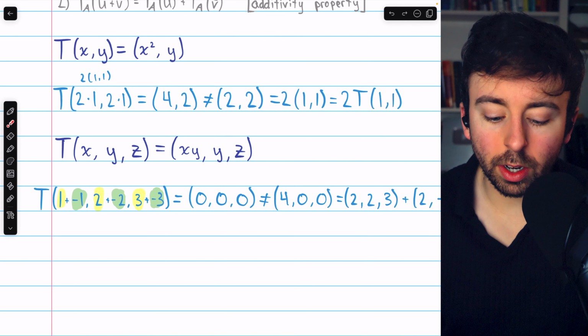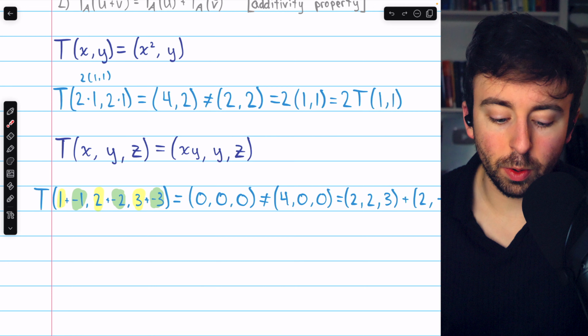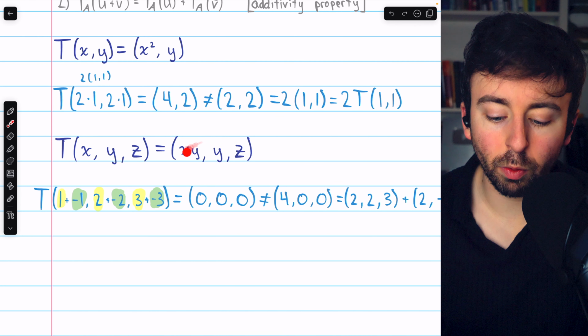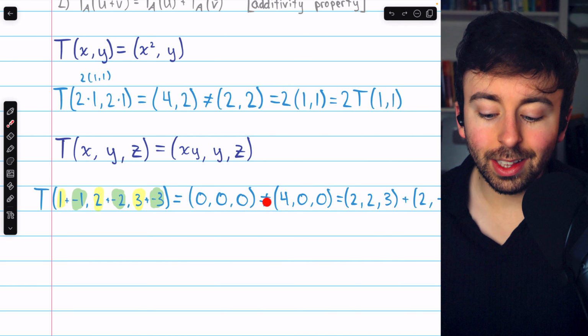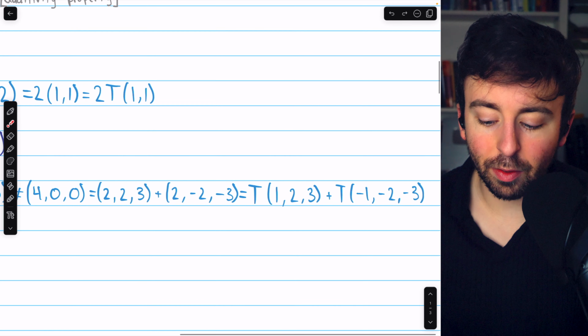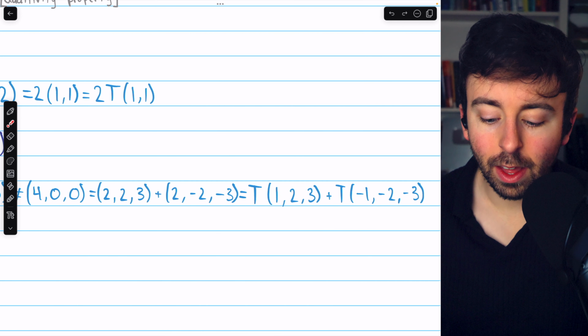1 plus negative 1, 2 plus negative 2, and 3 plus negative 3 are all 0. And if you consider the way this transform works, that's going to just output 0, 0, 0. And this is not equal to what happens if we transform the vectors first and then add them. If we transform these vectors first, 1, 2, 3 gets mapped into 2, 2, 3.